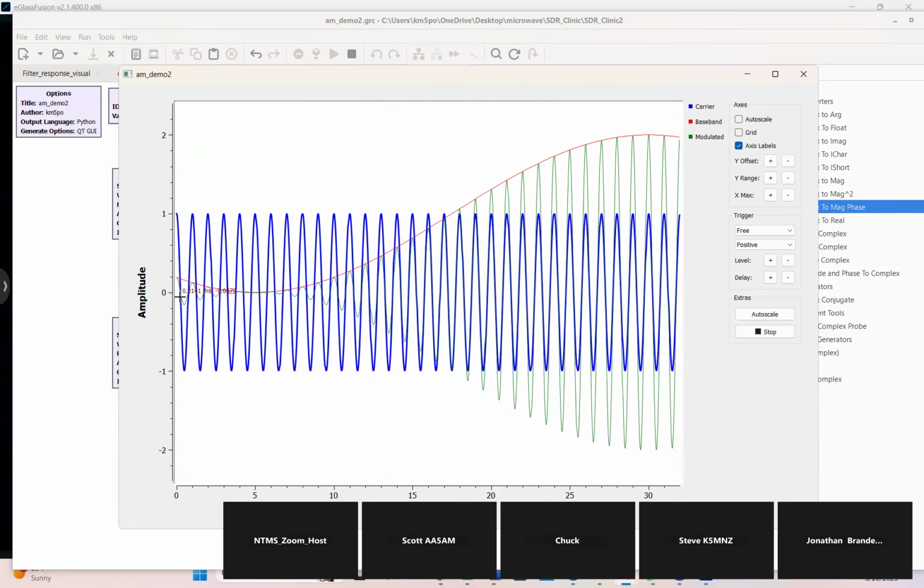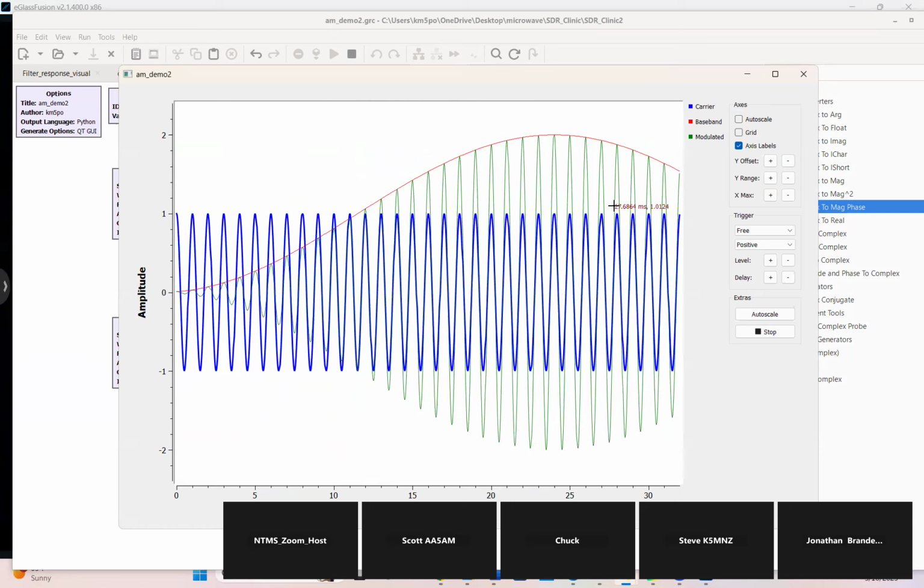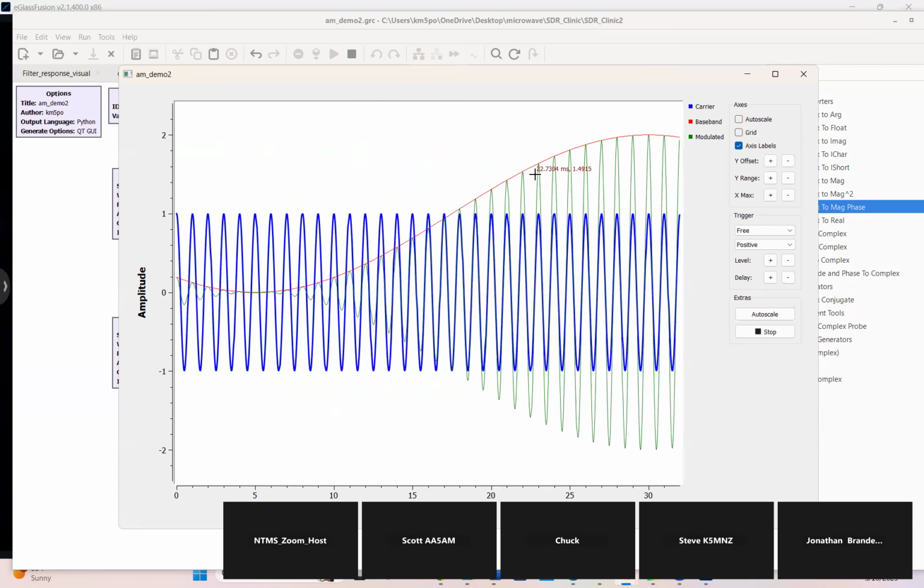Oh, you can see without me even stopping it that, well, actually it's moving about a point at one. So there is a fluctuation between 2 and 0 now on the modulated wave. That would also go for 0 to -2.